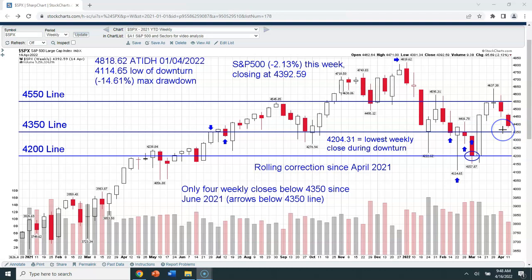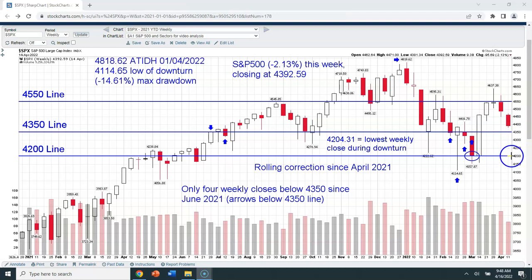So if this level doesn't hold, it would be reasonable to expect us to fall down to this 4,200 level, which has held so far on a weekly closing basis. However, guys, now that we've been rejected and started to roll back over here, the potential for this 43.50 to not hold and then 4,200 to not hold has substantially increased, in my opinion, and based on my decades and decades of experience personally trading, investing money, being involved in the mutual fund industry, working with thousands and thousands of financial advisors and their clients.